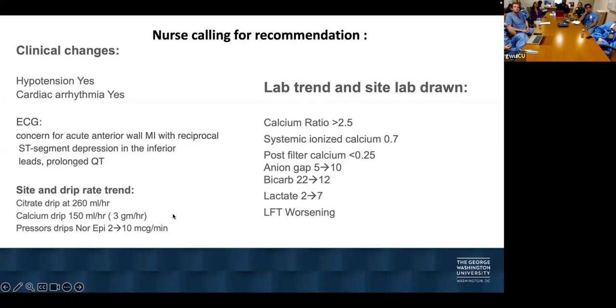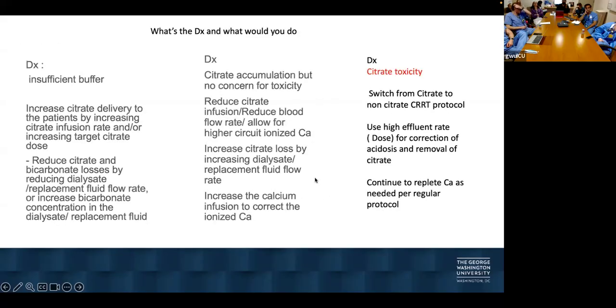Your calcium ratio is more than 2.5, and the ionized calcium, despite all this at 150 an hour, is 0.7. Your post filter is way lower than what we should have, less than 0.25. The anion gap is worsening, bicarb is worsening, lactate is worsening, so obviously this is citrate toxicity, the citrate toxicity we talked about.